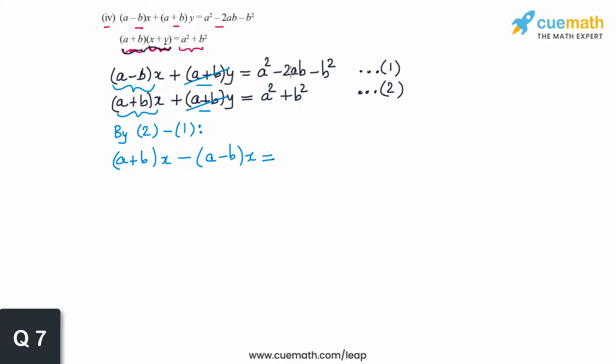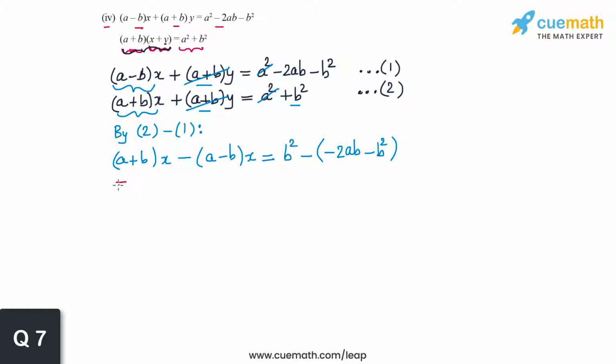And on the right side, what will we get? The a square terms will cancel out. I will have b square, and from the first equation, I will have minus 2ab minus b square. So this is what I'll get on the RHS.